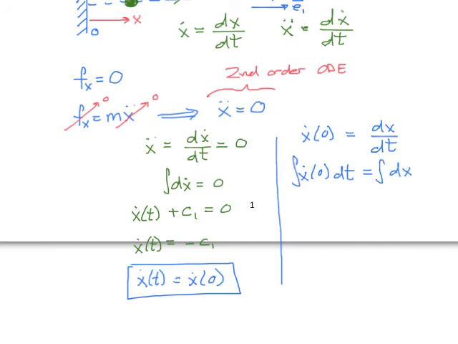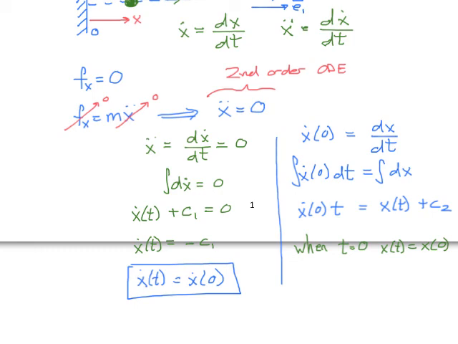Performing the integration, we get x dot at time 0 times t is equal to x as a function of t plus another constant of integration. We apply our boundary condition that says that when time is equal to 0, x as a function of time is x at 0.